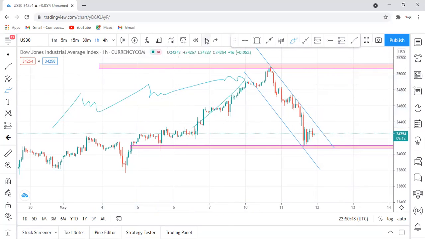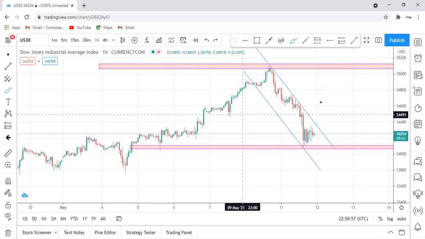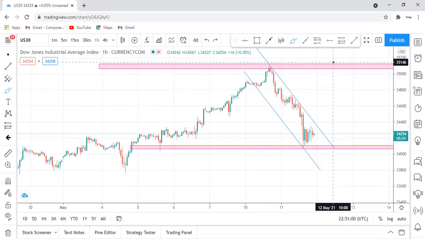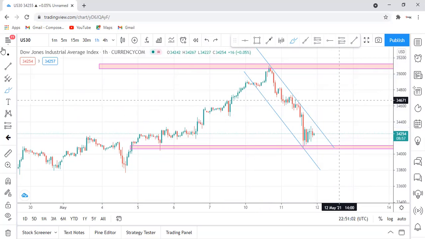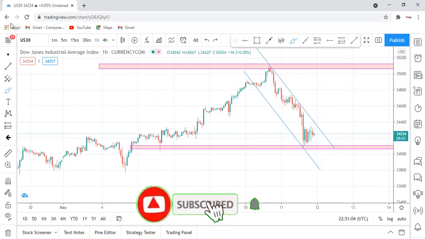So by knowing the market behavior, how it behaves, we will then be able to determine where exactly we are and where we expect the market to be heading. In this sense, there are two possibilities.